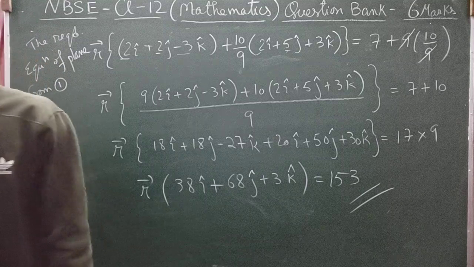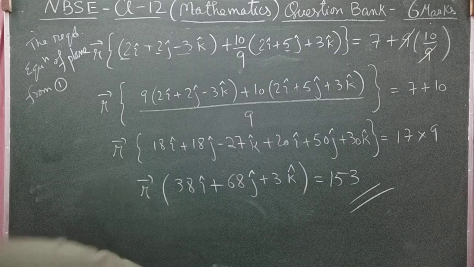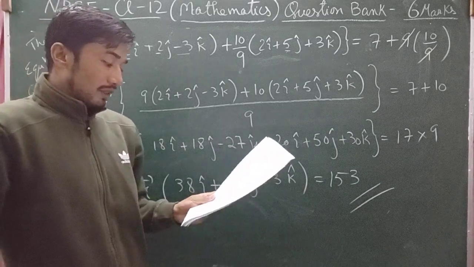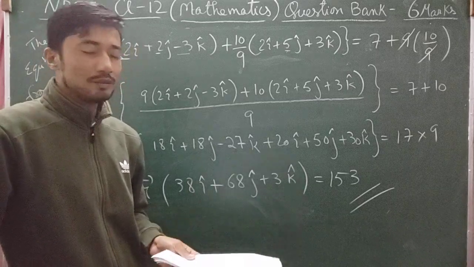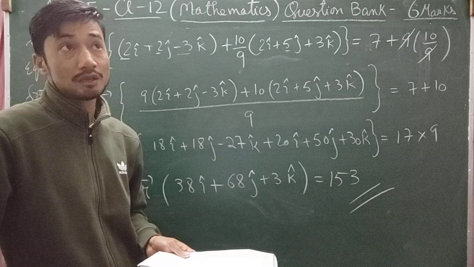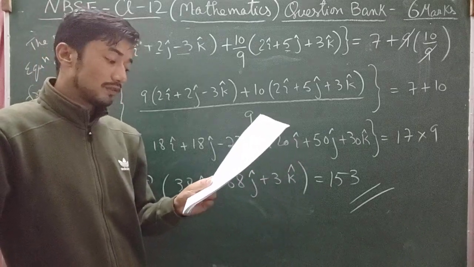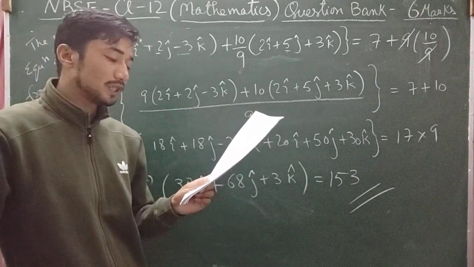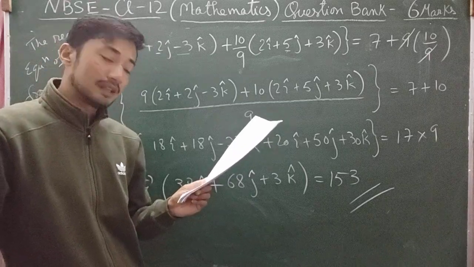All right. So now question number 8. Same question, Xerox copy, just that the numbers are changed. Number 8 also says find the shortest distance, 8a: find the shortest distance between the lines whose vector equations are this and this, exactly like number 7a.